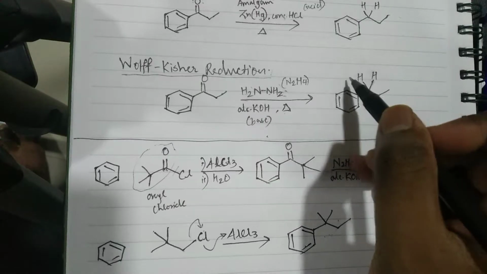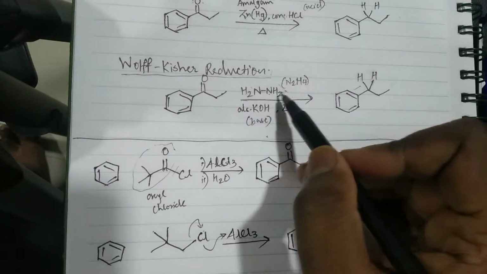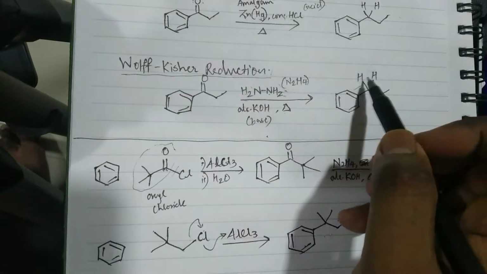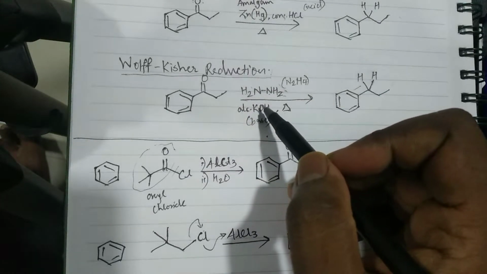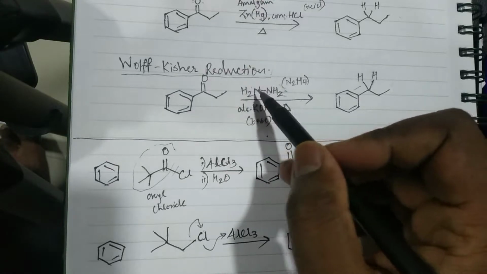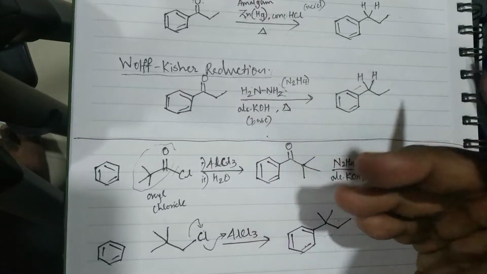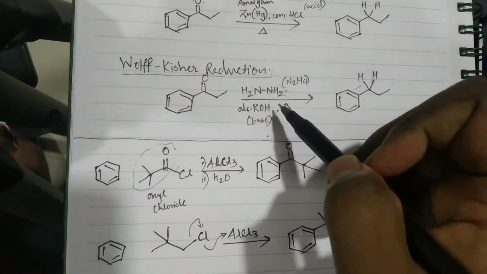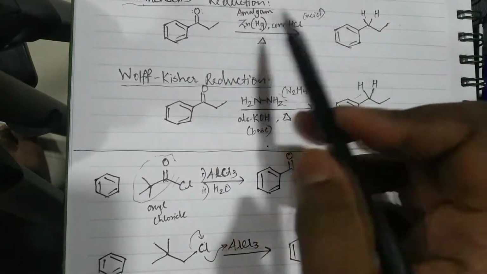Where am I getting this hydrogen from? It's coming from this hydrazine. Hydrazine is the source of these 2 hydrogens, and KOH is responsible for removing those hydrogens from hydrazine. We won't look at the mechanism because there are multiple steps to it, but for now all you need to do is remember these reagents and what they do.